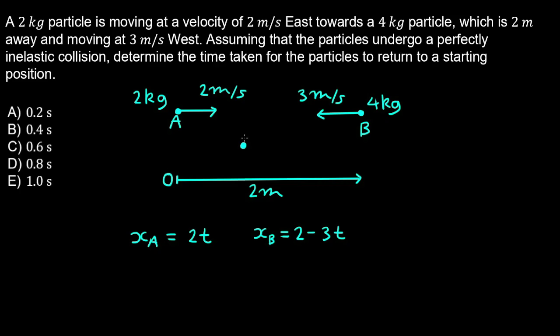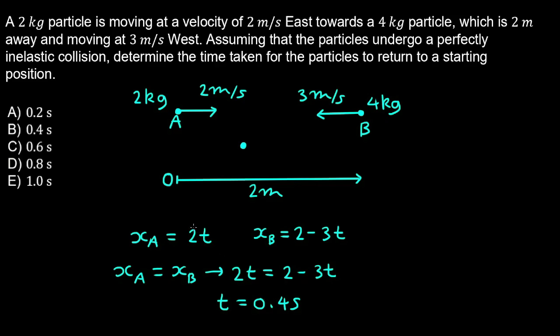So when these particles collide, xa is equal to xb, which means that 2t is equal to 2 minus 3t, and therefore t is equal to 2 on 5, or 0.4 seconds.